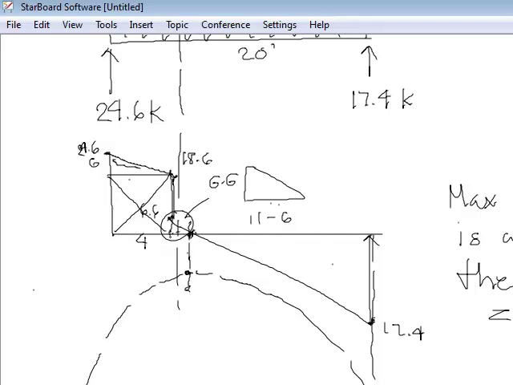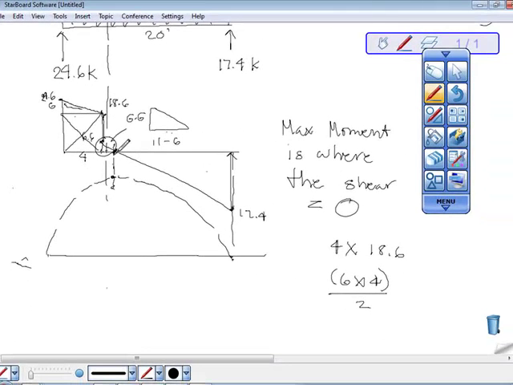Then this little bit here, if you do the math, the whole thing is 20 feet long minus 11 foot 6 minus 4 is going to be what? Anybody know? 20 minus 4 is 16, minus 11 foot 6 is, okay, is that right? It's 20 feet.